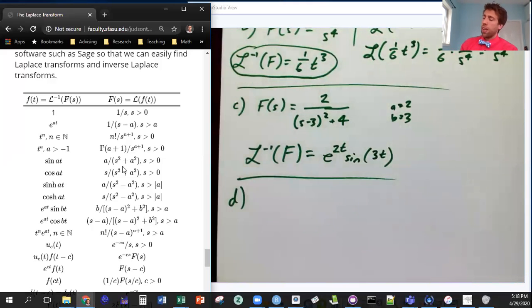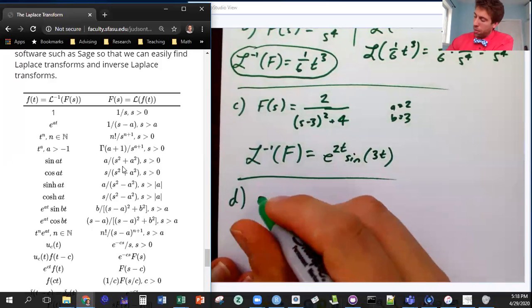Well, I think we need to do some algebra first. So if we see something like this and it doesn't match anything here, then we don't have to panic. We can always do, what's it called? It's not partial fractions. It's the thing where you find, my mind just went blank.